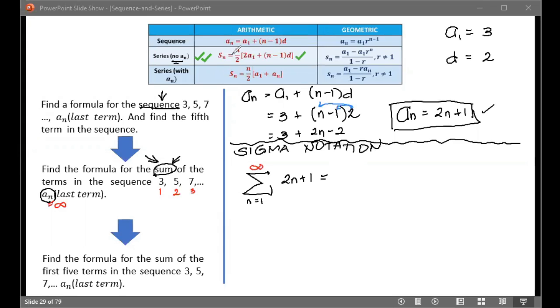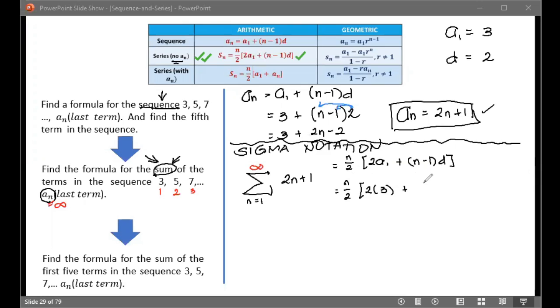Just like what we've said, we will use this formula, arithmetic series. So we have n over 2 times the quantity of 2a sub 1 plus the quantity of n minus 1 multiplied to d. We substitute the values that we have. So we have, this is now equal to, let's erase that excess equal sign, n over 2 times the quantity of 2 times 3.